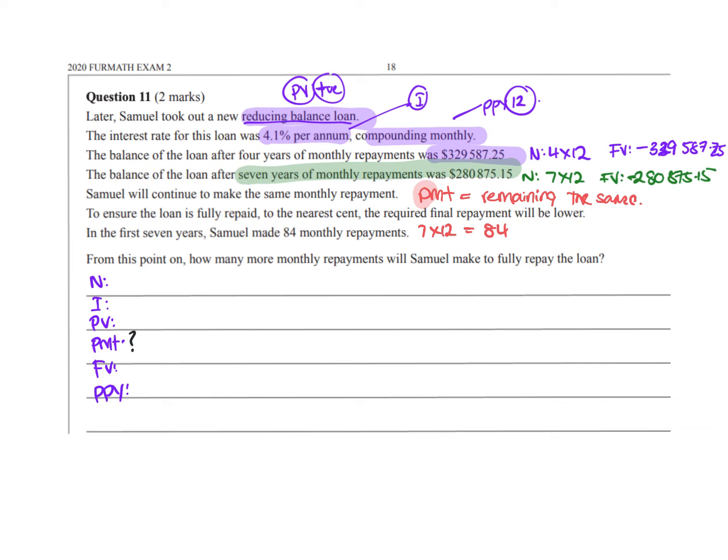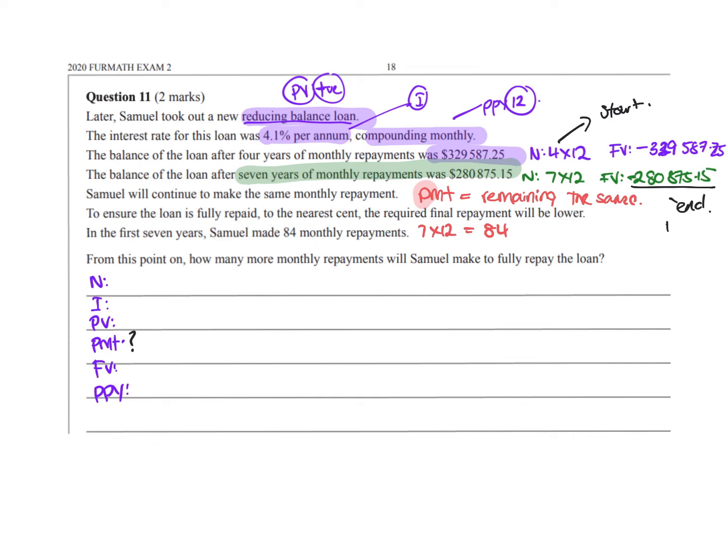We don't know the initial value either. We only know that at the 7-year mark, he still owes this much, but he's making those same repayments. So I'm going to pretend that this part is the start and this is the end, and use that to find the payment, okay?